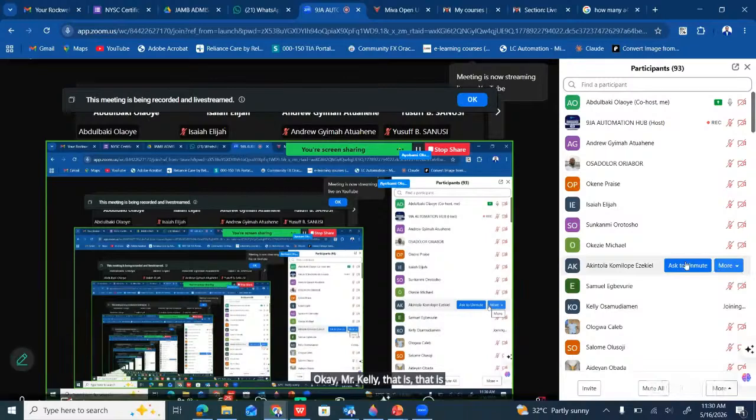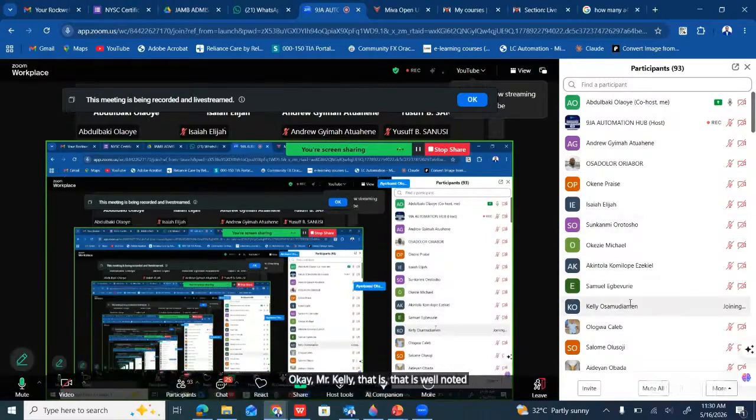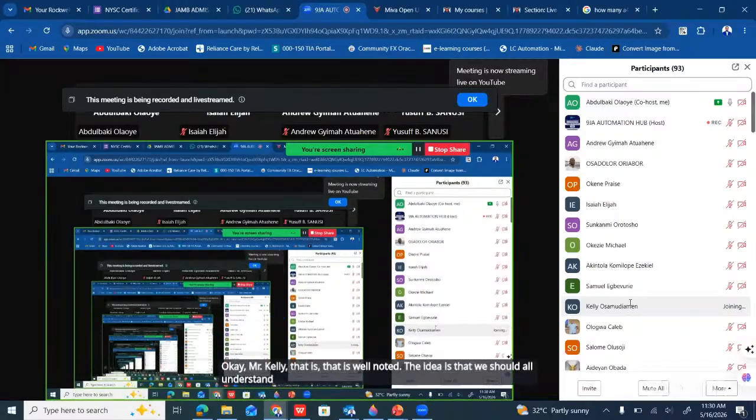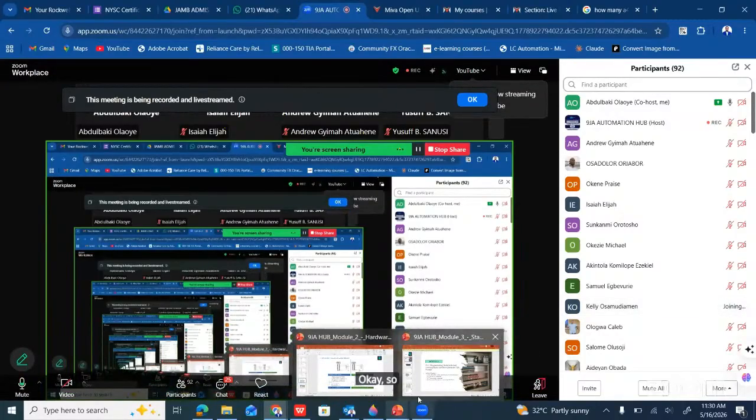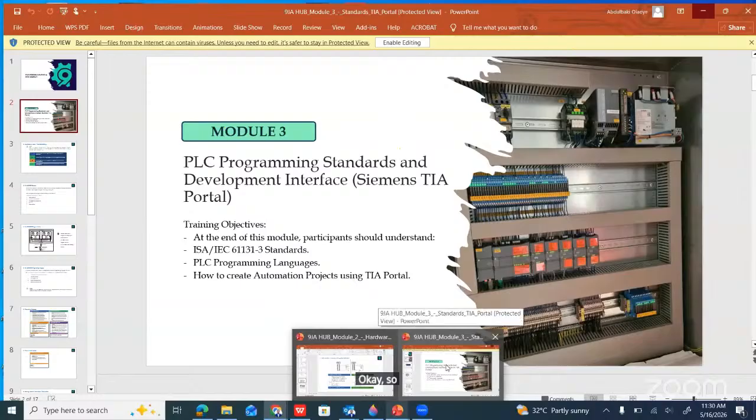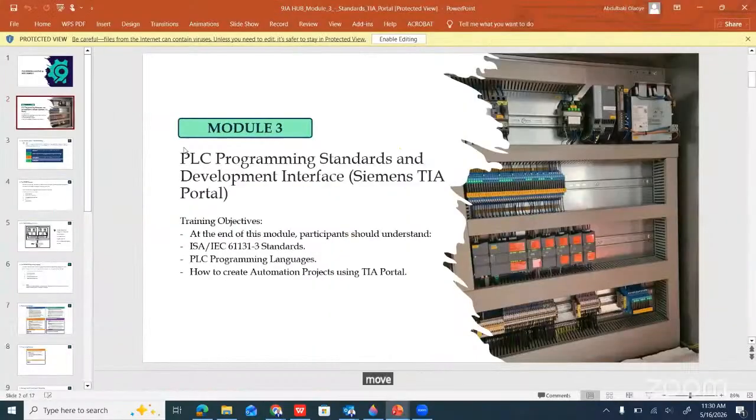That is well noted. The idea is that we should all understand, but we are going to take that into consideration going forward. Okay, so let's move into the third module. That ends the second module.